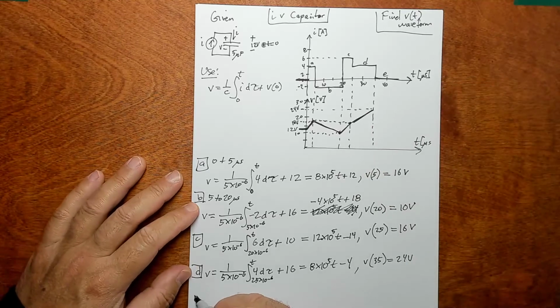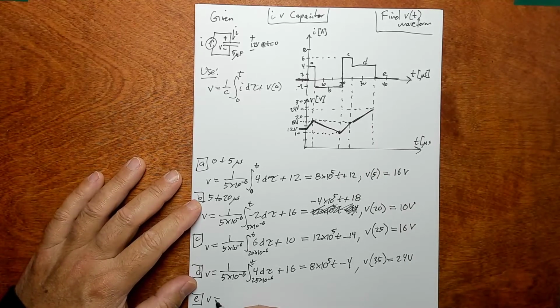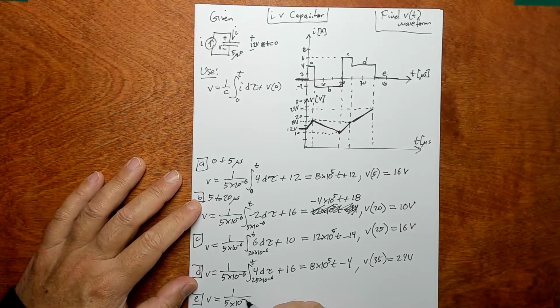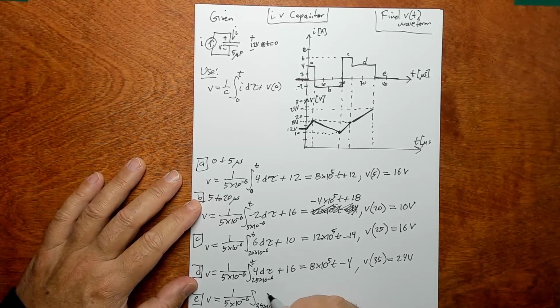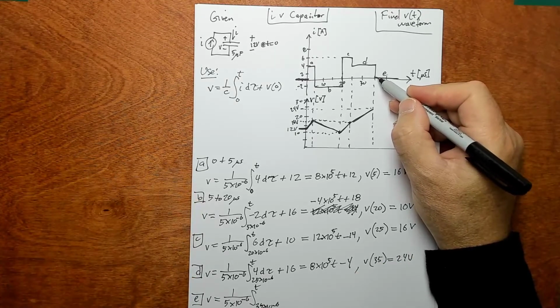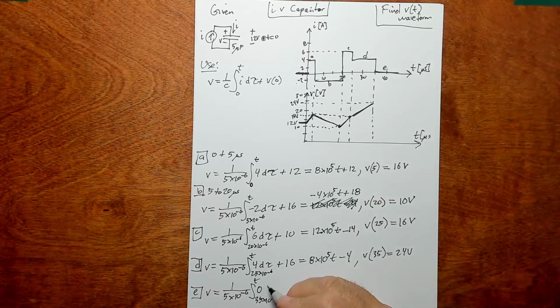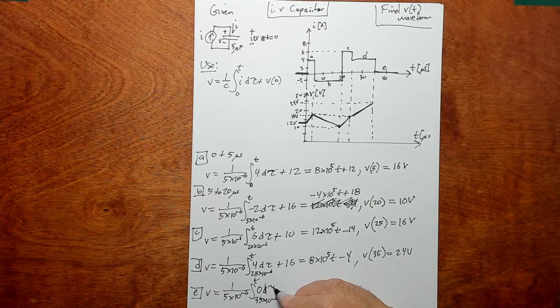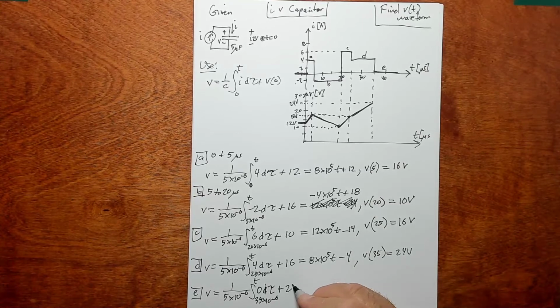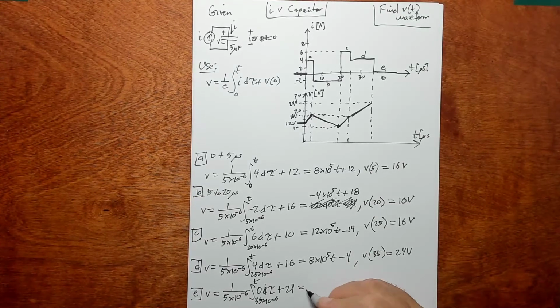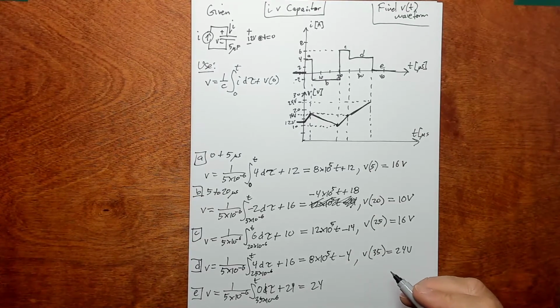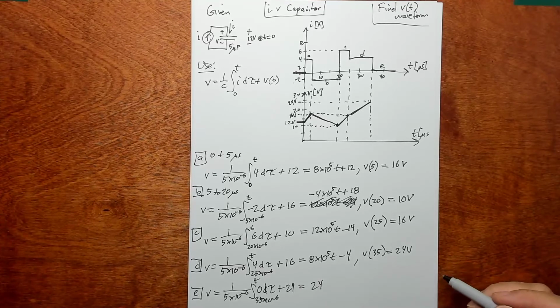And the last integral for the last interval starts out at 35 times 10 to the minus 6 to t of 0 d tau plus the initial voltage of 24 volts, which ends up just being 24, and it stays that way.